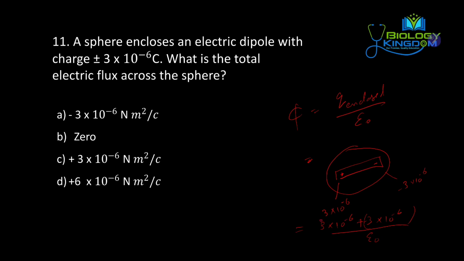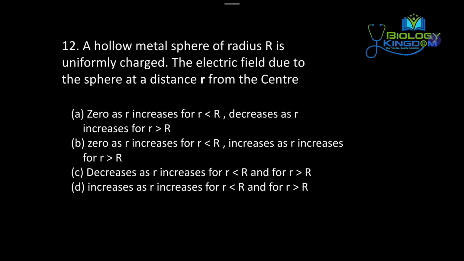As we can see, these two terms are the same, with opposite signs, so they will eventually cancel and the answer will be 0. So option B is the right answer.